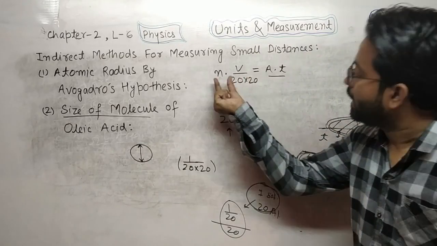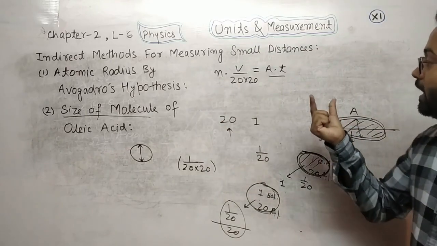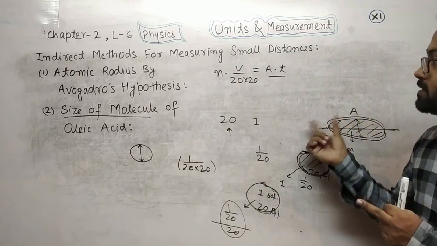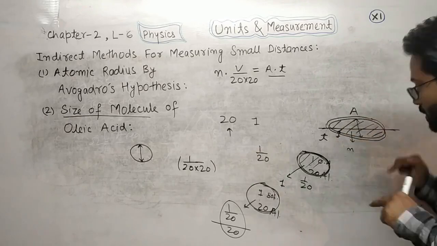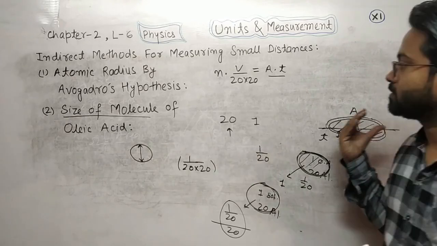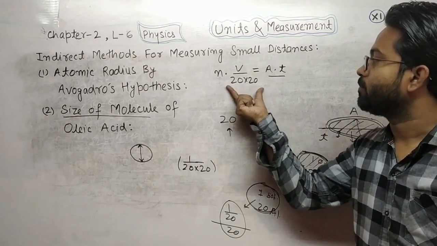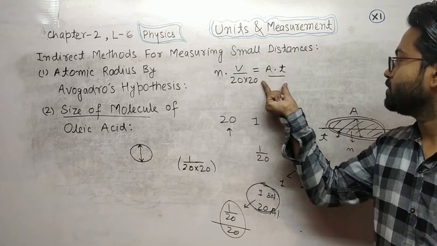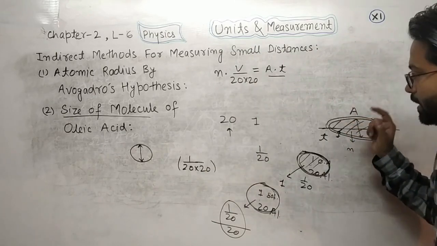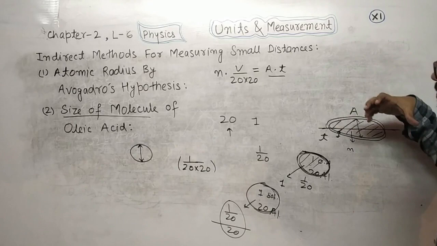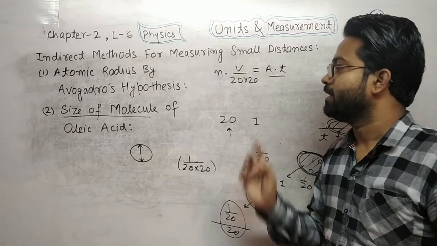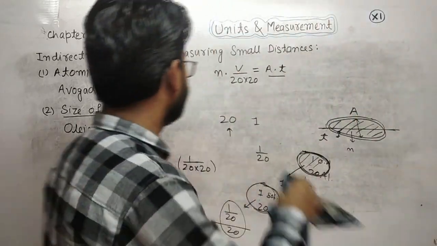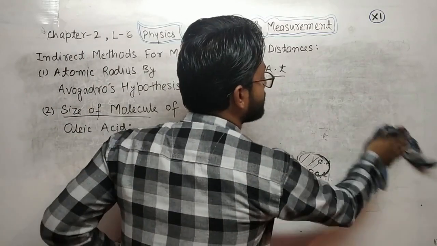That means N is the number of drops, and the only oleic acid present in the circular surface will be equal to NV upon 20 into 20, which is equal to the area of the circular portion of the oleic acid times the thickness. We just need to calculate the thickness.